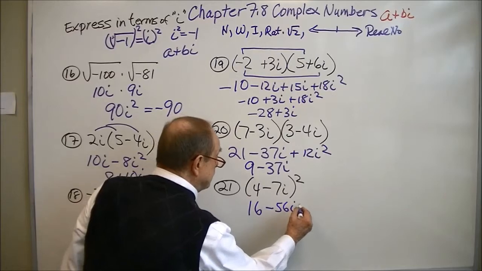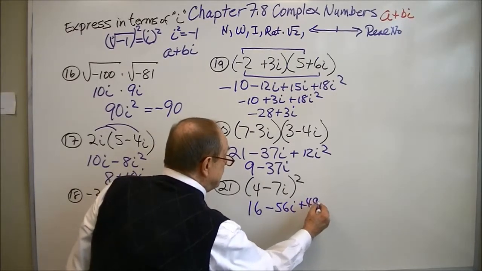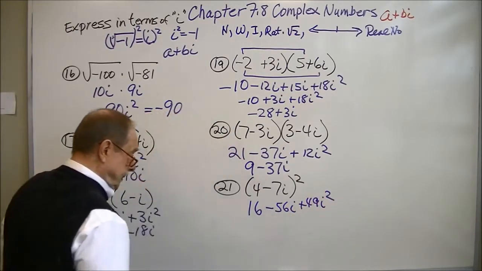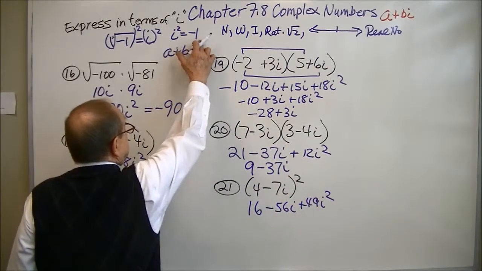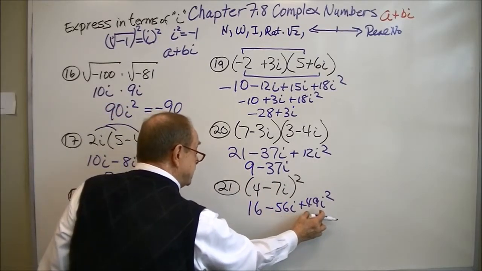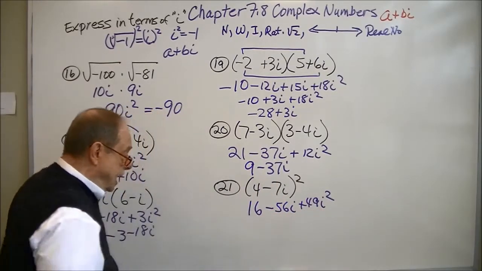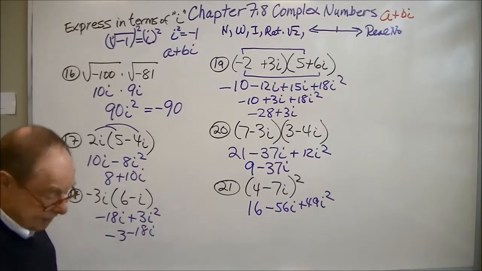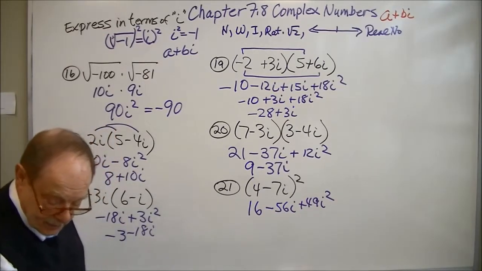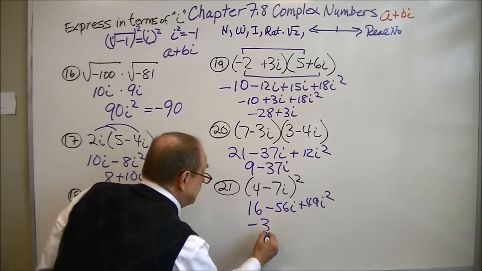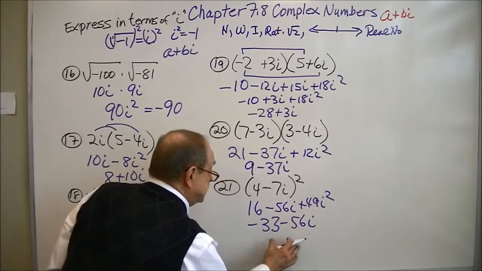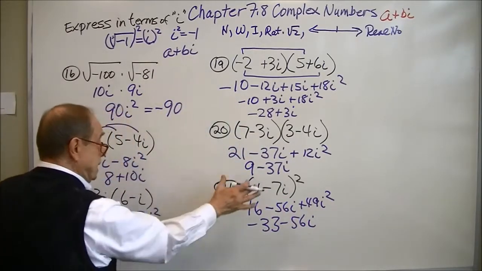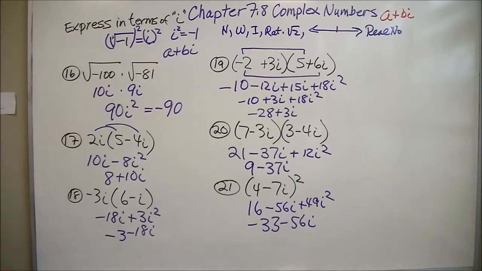Square the last term. That's a +49i squared. But we know that i squared is a negative 1. So this is a negative 49 and a positive 16. That's going to give you a negative 33 and a negative 56i. It's in standard form, and all our answers have to be in standard form.